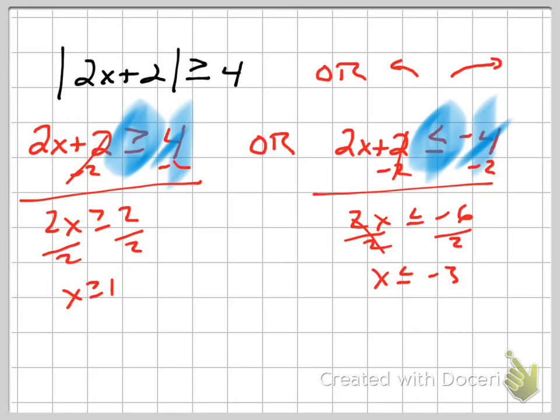If I graph those, I should, if I'm doing my job correctly, get a pigtail-looking graph. Greater than or equal to 1, less than or equal to negative 3. Does that make sense? Okay.